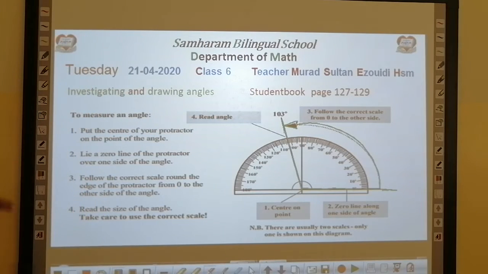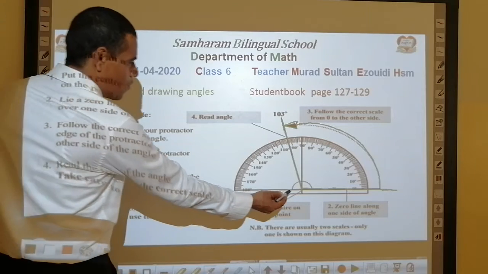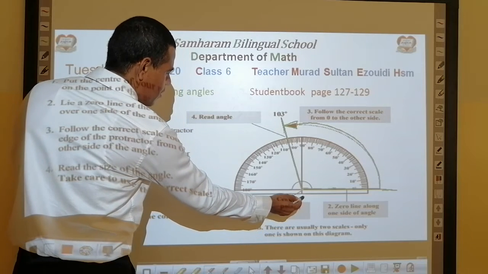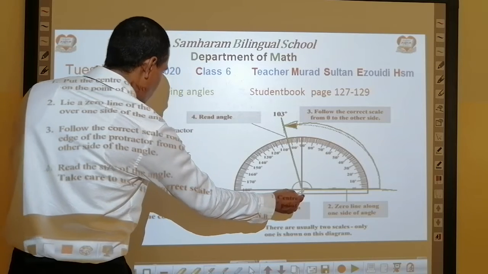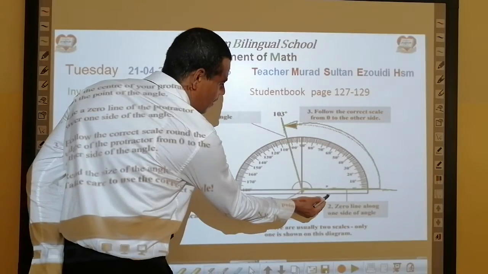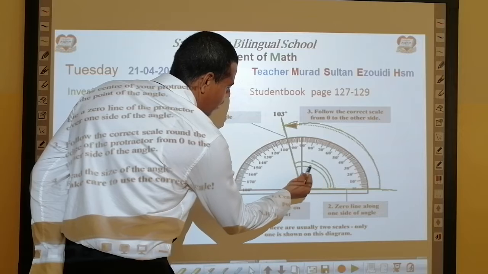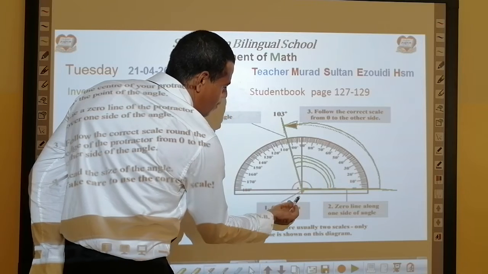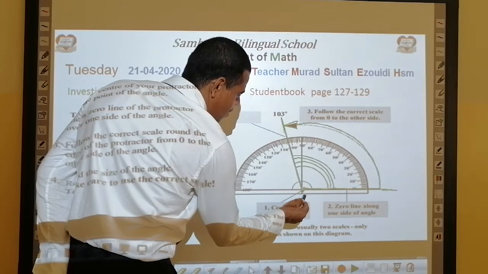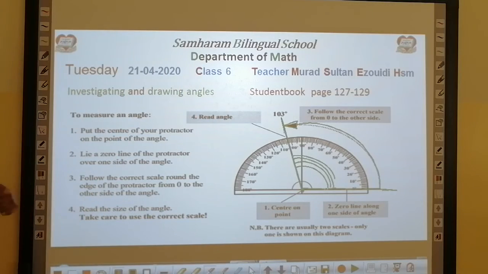So, first step, put the center of your protractor on the point of the angle. This is the point of the angle, the angle you are willing to measure.